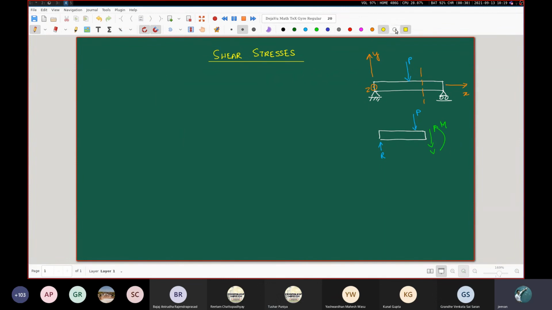All right, so what we'll do is we will consider a cross section, the kind of cross section which we had dealt with in our previous week also, meaning a cross section with a symmetry. So let's consider something like this, like a trapezoid. So this is our cross section, and let's say this is our beam.